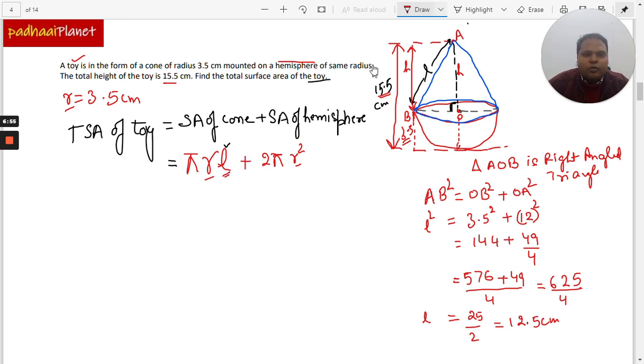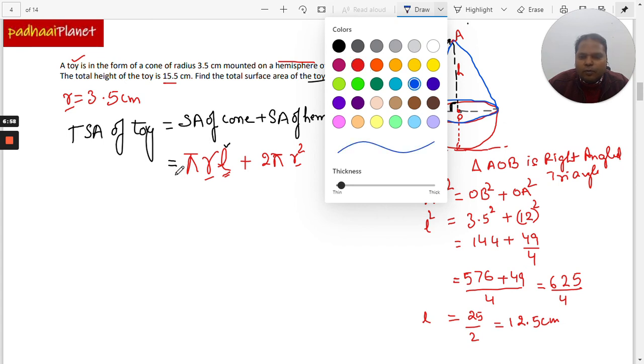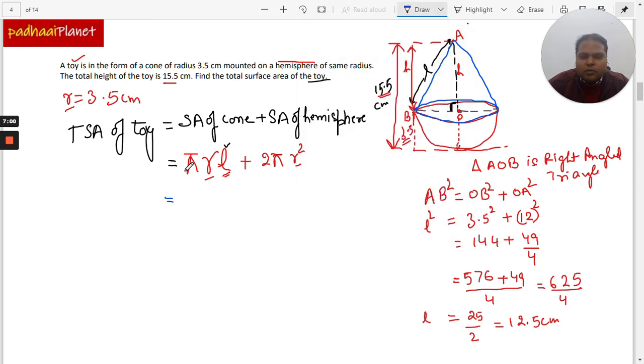And now let's put all of these values into the formula so that we can get the total surface area of our toy. So that's 22 upon 7 multiplied by 3.5 multiplied by 12.5, which is L, plus again 2 multiplied by 22 by 7, multiplied by 3.5 multiplied by 3.5.